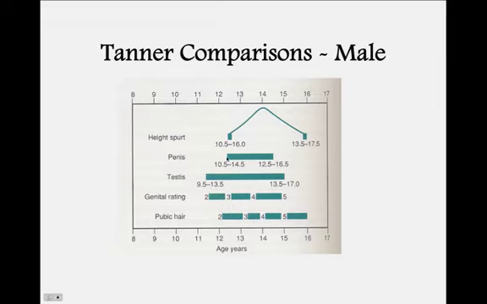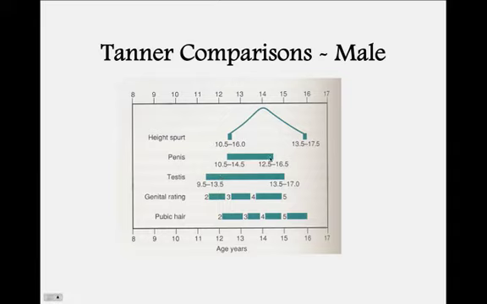And you see first the enlargement of the testicles, and then this is the genital rating, in other words, the growth of the genital organs, the penis and the testicles here, and then pubic hair. So enlargement of the testicles occurs first, but that is not always obvious to you.